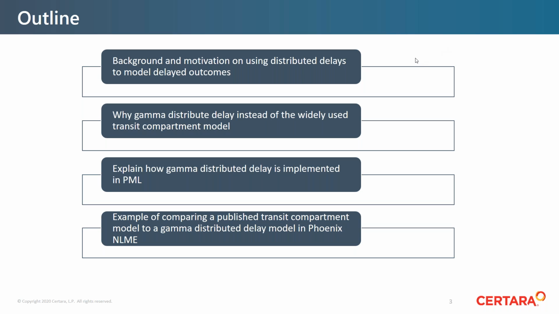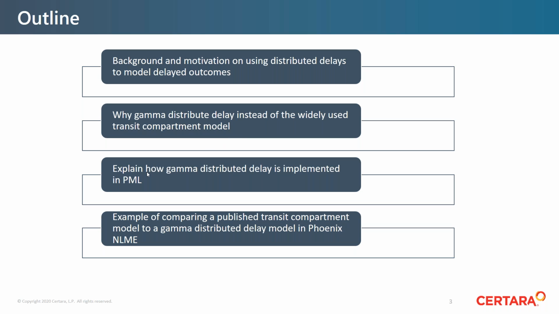In this talk, first, I would like to give some background and motivation on using distributed delays to model delayed outcomes. Next, I will explain why we recommend using gamma-distributed delay instead of the widely used transit compartment model to model delayed outcomes.